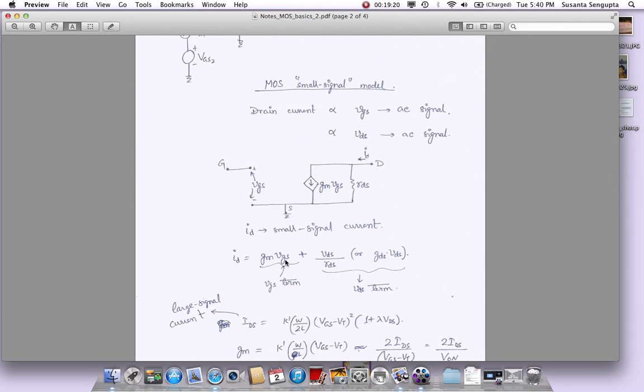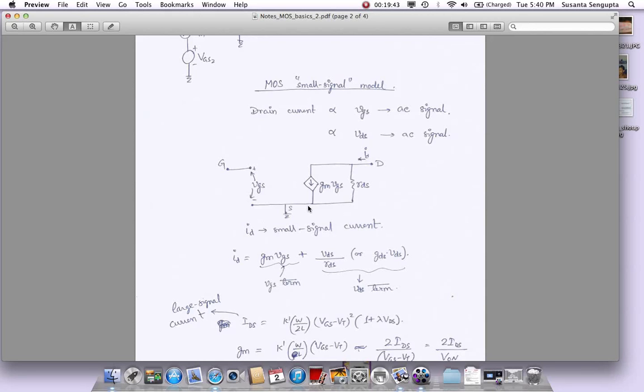Both of them will cause a linear increase. In small signal, since it's a linear model and there are two causes of change, you can just add them up. We have the component because of the drain and the component because of the gate, and eventually it becomes an addition of the two, and that leads us to this simple small signal model.